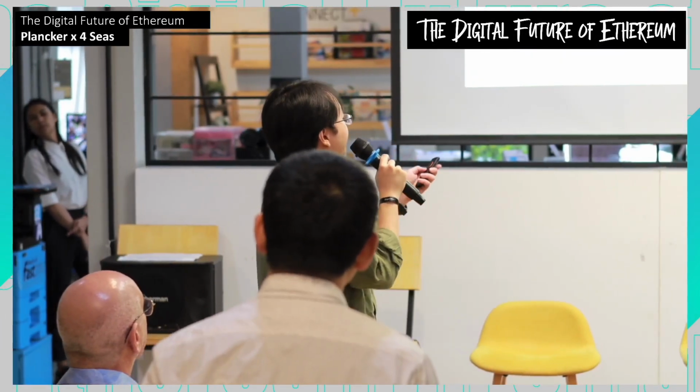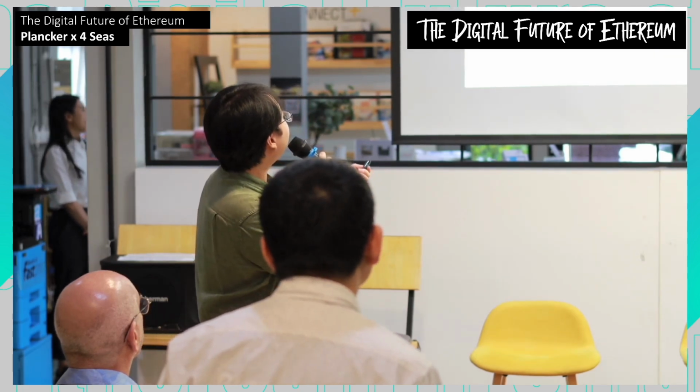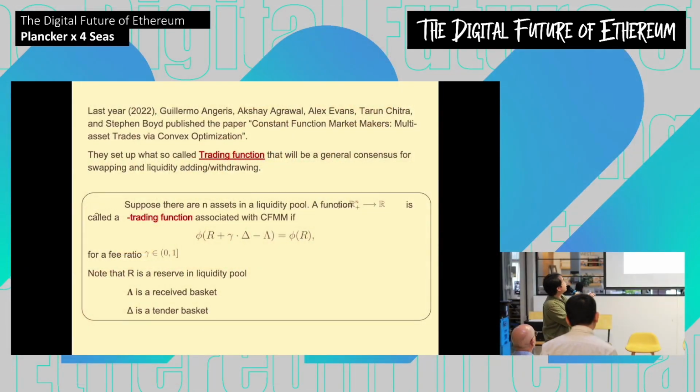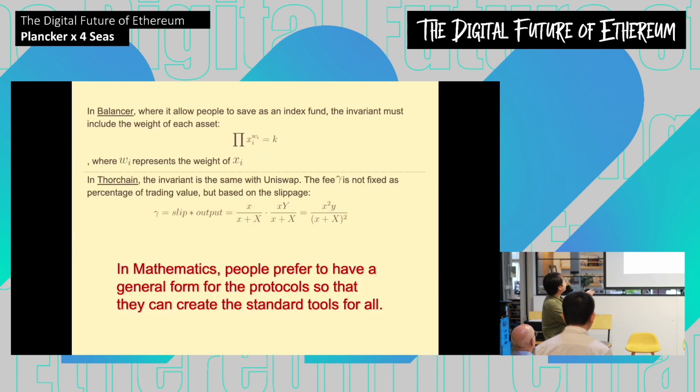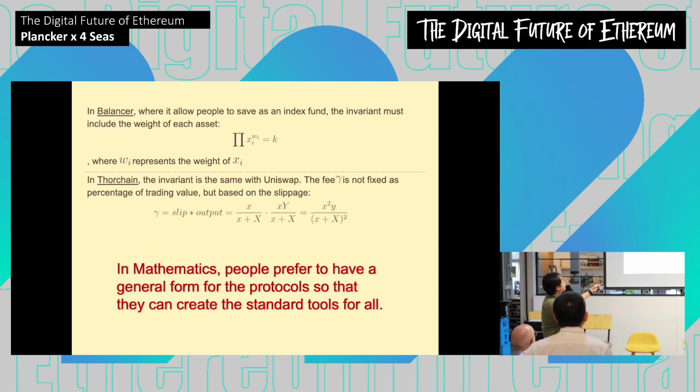Or CFMM? Yeah. The CFMM comes from the constant function. Yeah, because we have the constant product, we have the constant sum, we have the constant interpolation, and we have the constant product of the weights.